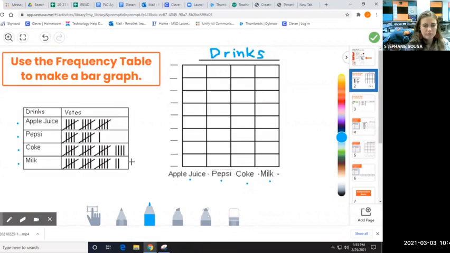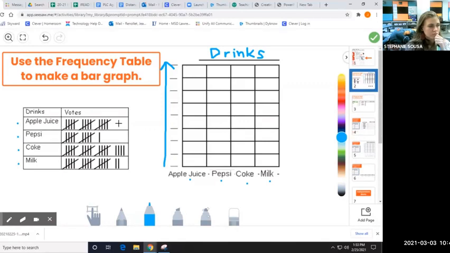Next, I need to pick a scale. In first grade, we use a scale that's counting by ones. So let's talk about this data set. If I counted by ones, I would have to create many rows because of how high my data set numbers are. Let me show you what I mean.